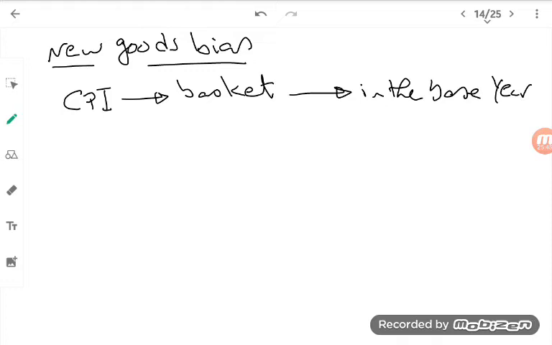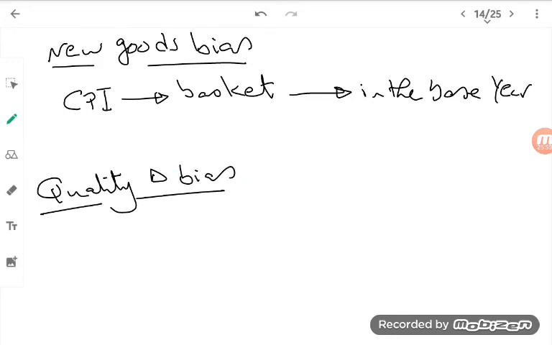Okay, number 2, quality change bias. Five years ago, you bought, say for example, a laptop for 2,000. But nowadays, you are going to pay 15,000.